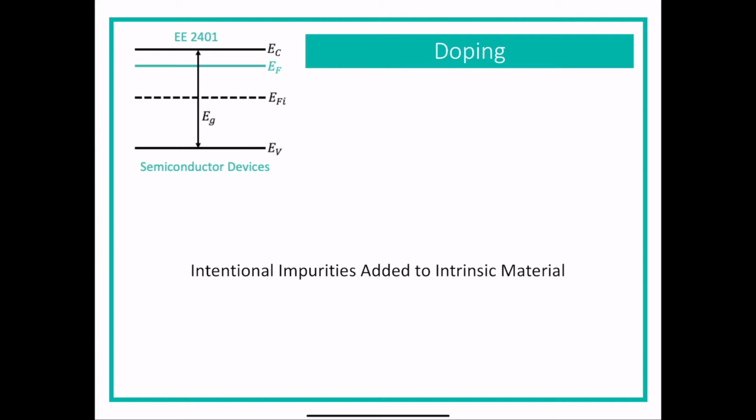We have talked about intrinsic semiconductor material, which has electrons and holes in equal numbers, created as temperature rises or as something happens. But intrinsic material is not particularly good for much of anything, mostly because the charge carriers are balanced and we need to do something to either make more electrons or more holes.